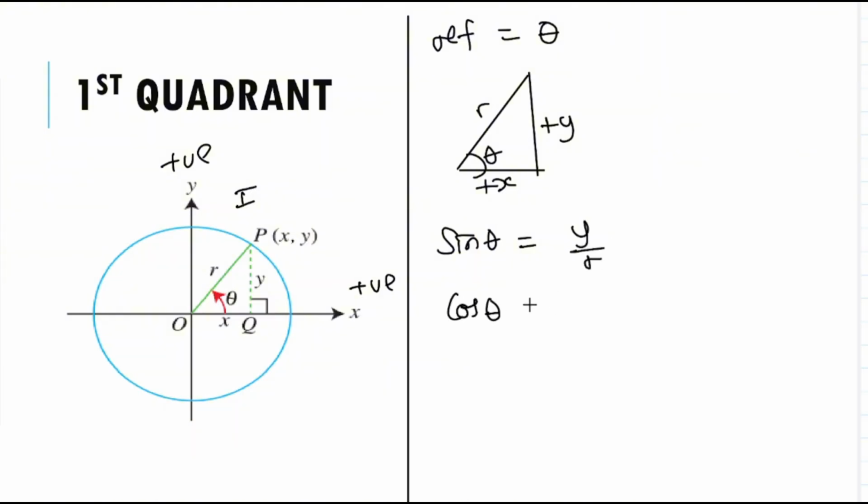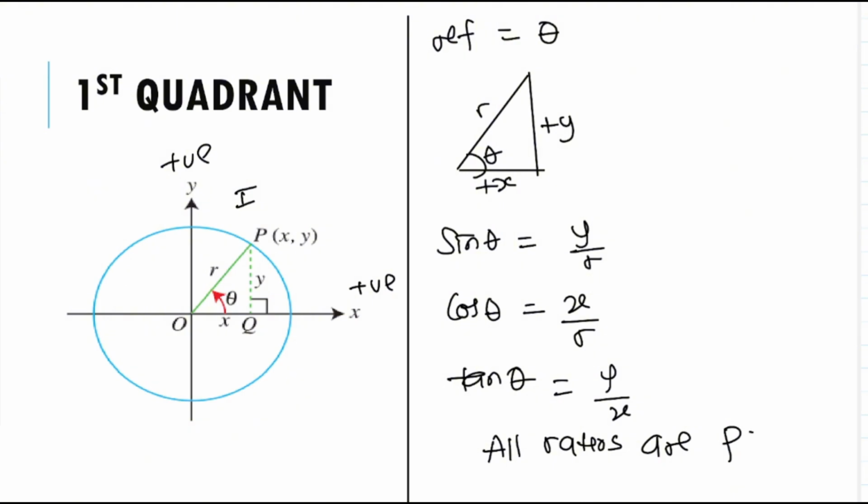Cos theta is positive as well, x over r, and tan theta, also positive, is equal to y over x. So in the first quadrant, all ratios are positive. This is what we wanted to derive, and the reference angle there is theta, which is acute.